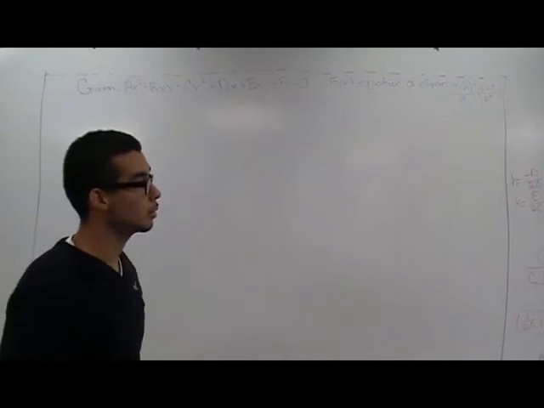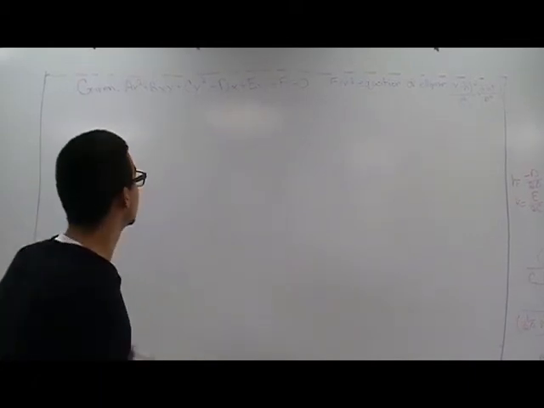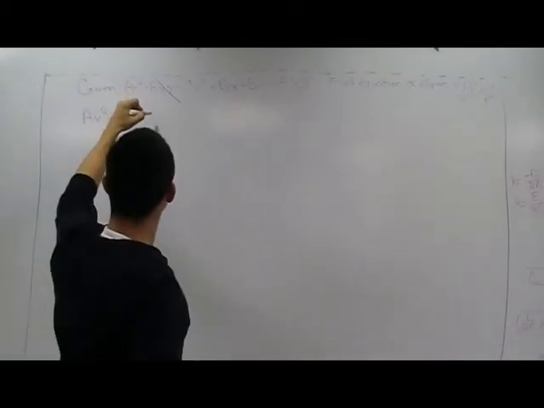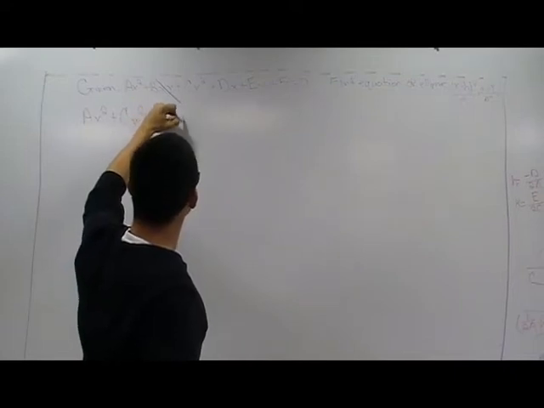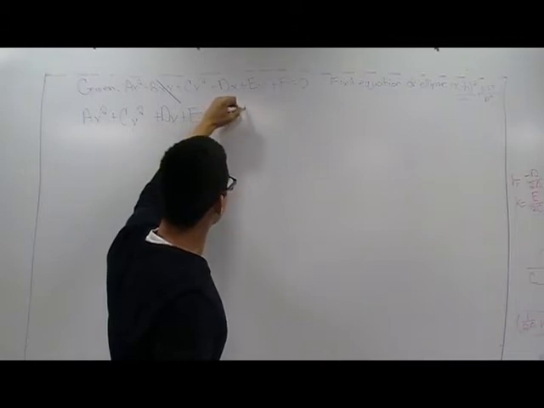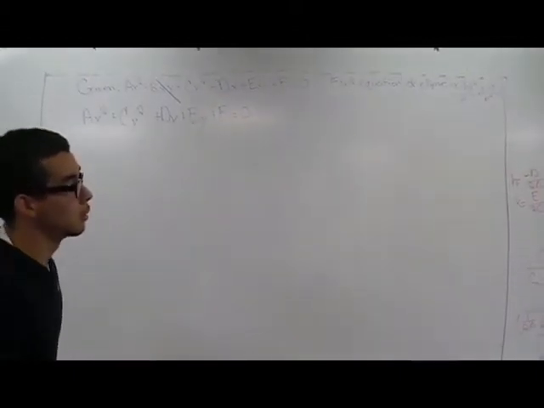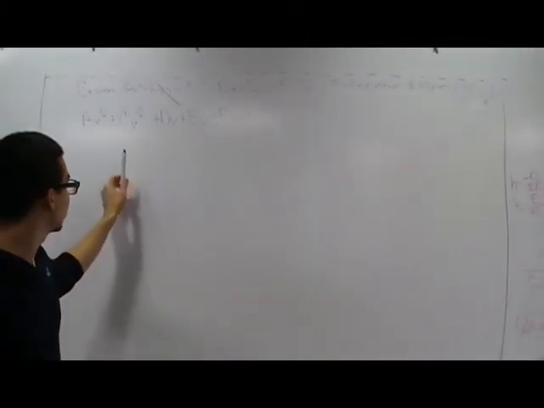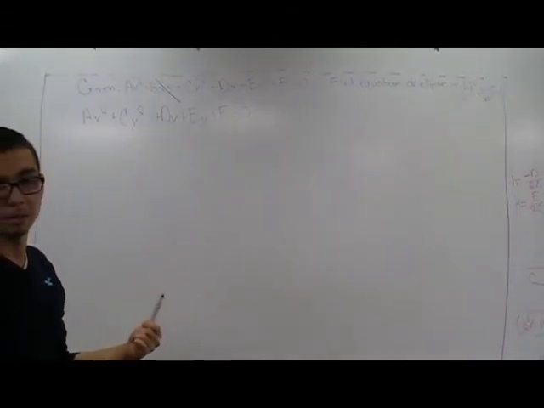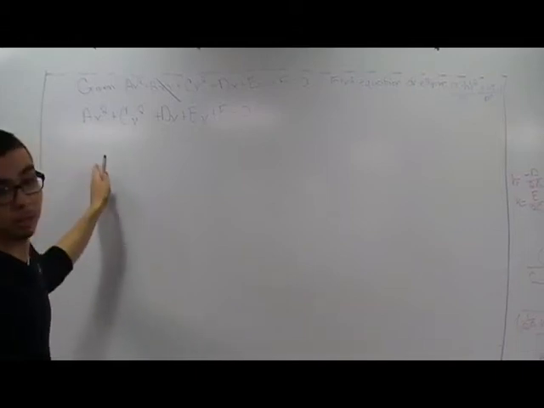First of all, what we can do is cross out the cross terms, which is just the b of x times y term. And we are left with ax squared plus cy squared plus dx plus ey plus f equals 0. What we want to do is clean it out a little bit, so in the near future we can complete the square.